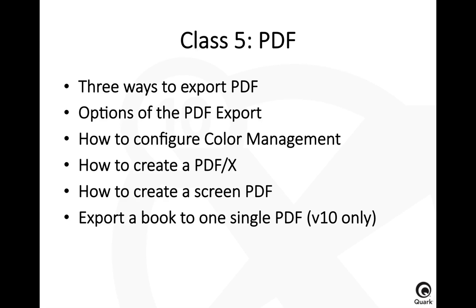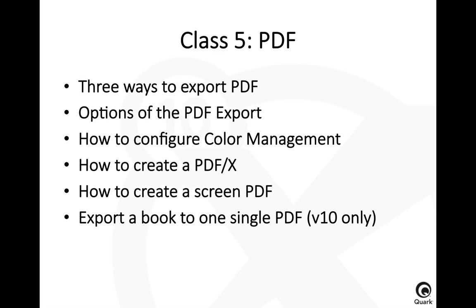So that's actually it for today. I showed you the 3 ways to export a PDF out of QuarkXPress, 1 which we can't recommend, 2 that are valid. We went through the options of the PDF export briefly, especially the ones that are important. You saw 3 steps how to quickly configure your color management, and if you want to have more options, like what I didn't show you was screen proofing, just consult the manual, please.